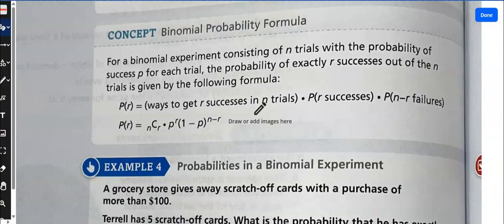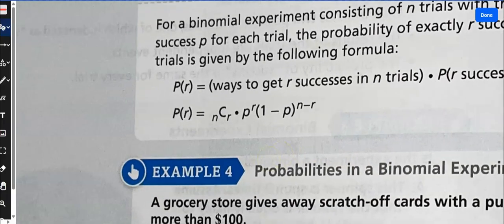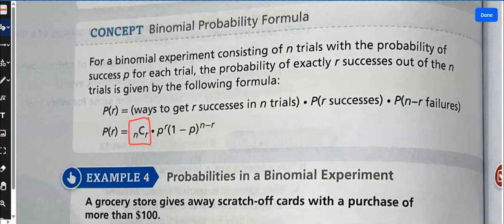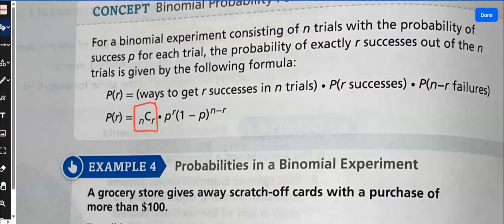Is there a way to find the binomial probability using a formula? Well, there is, and this is the formula. Oh, look, a combination! Now, P represents the probability of success.